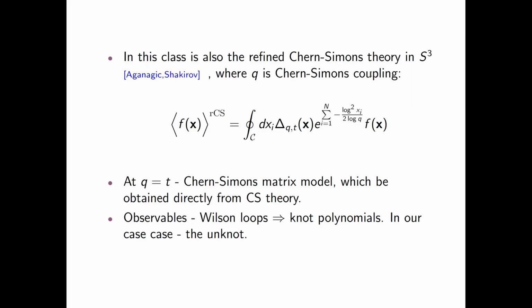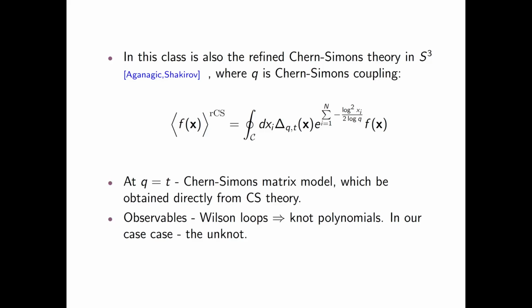There's no direct Lagrangian for the refined Chern-Simons theory, but it's widely accepted to be something meaningful. The usual Chern-Simons theory and the Chern-Simons matrix model is what one obtains when T is equal to Q. This is a Q-deformed but unrefined model.